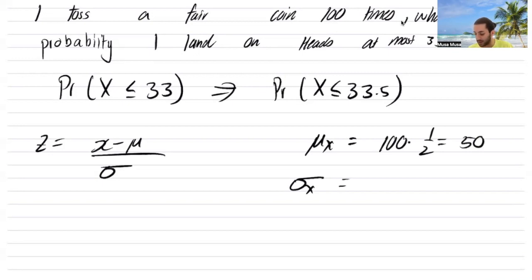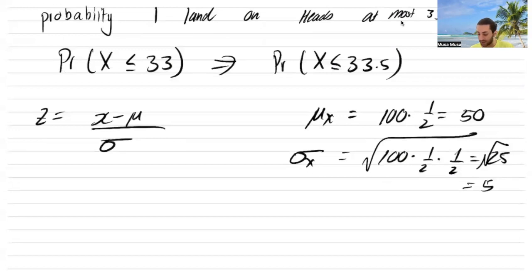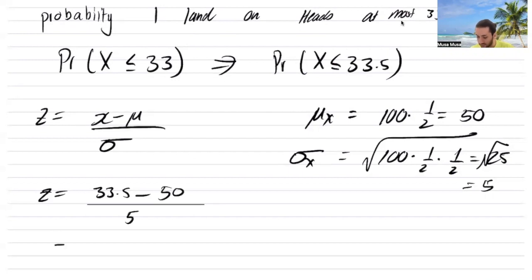Now, sigma is given by the square root of 100 times a half times 1 minus a half, which is 25, and the square root of that, because the inside is the variance, is 5. So now, when I'm trying to find my z-score, I'm going to say 33.5 minus the mean, which is 50, over the standard deviation, which is 5.